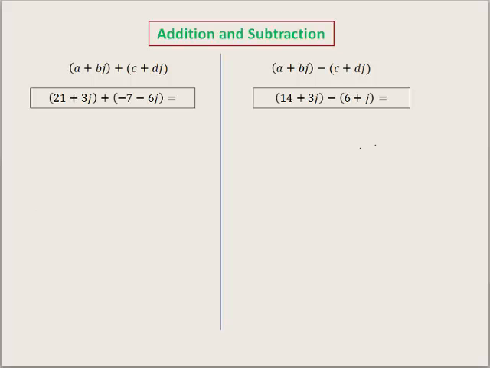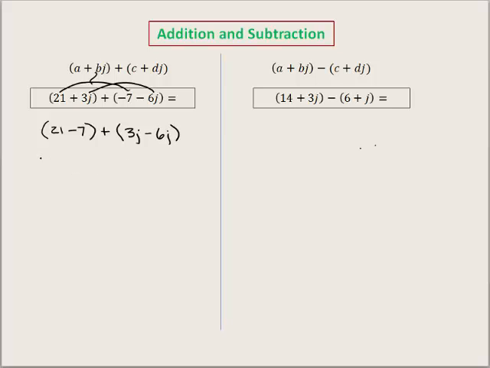To add two rectangular numbers, what we do is take the first number, which would designate the a, and we put them together. And then we're going to put together the j's. So we're going to have 21 minus 7 plus 3j minus 6j.